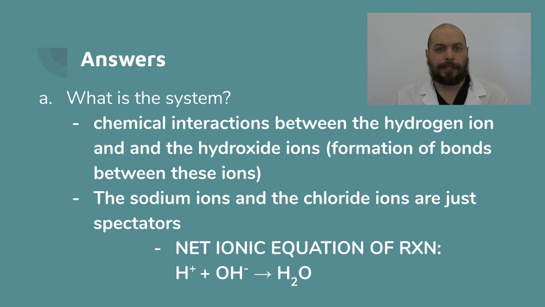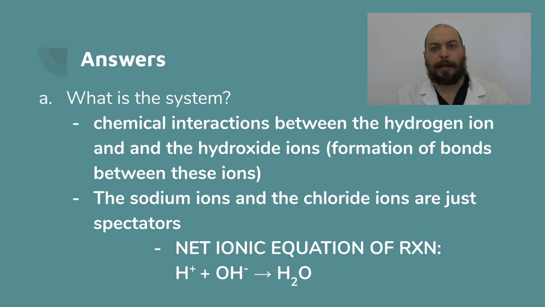First of all, what is the system? Now, if you remember back to what I said earlier, the system is a change in potential energy. Potential energy in this case is changing over the course of the chemical reaction between the sodium hydroxide and the hydrochloric acid. So the system in this circumstance is going to be the actual chemical interactions between the hydrogen ions and the hydroxide ions, as well as any interactions that are occurring between the sodium ions and the chloride ions.